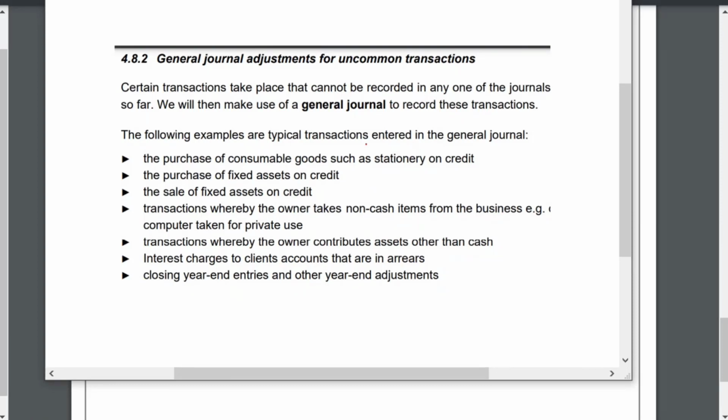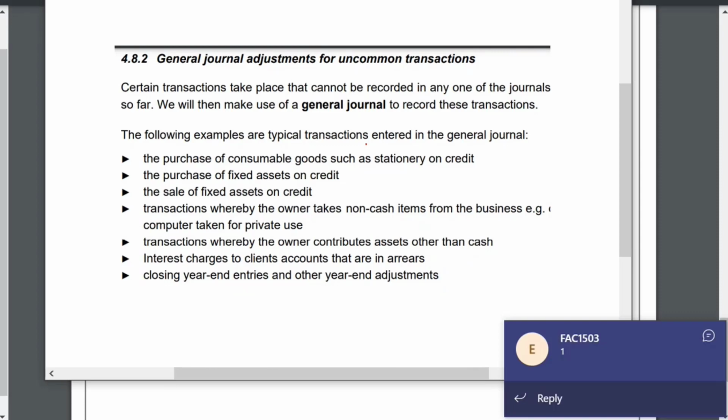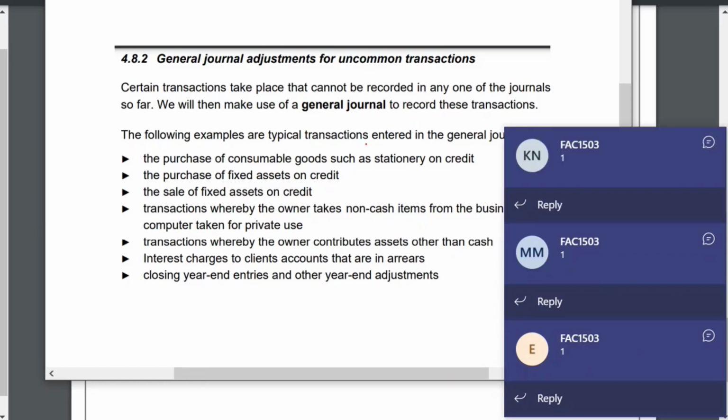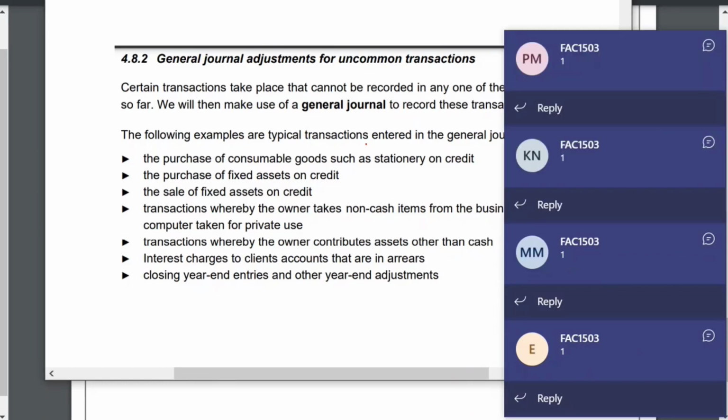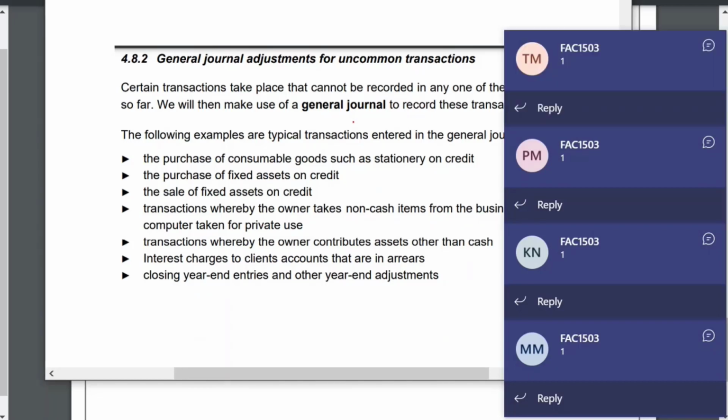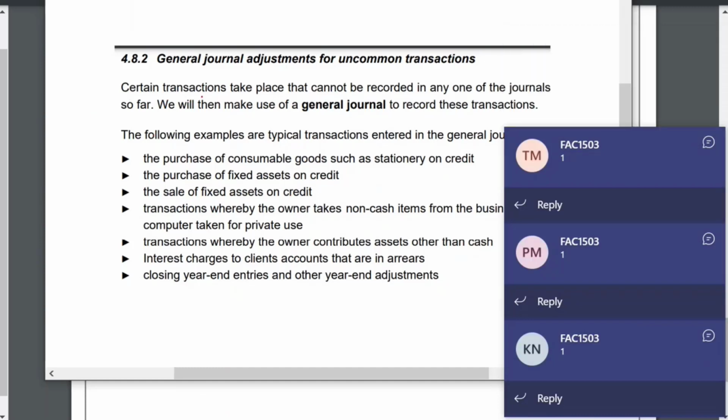Point 1 is the purchase of consumable goods such as stationery on credit. Point number 2, the purchase of fixed assets on credit. Point number 3, the sale of fixed assets on credit. Point number 4, transactions whereby the owner takes non-cash items from the business.